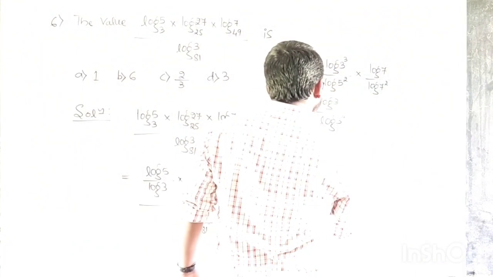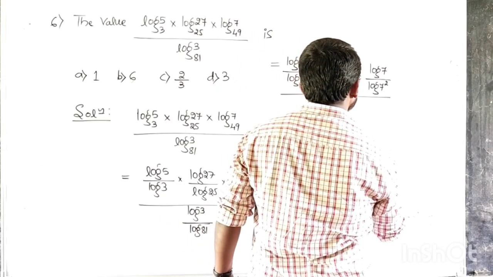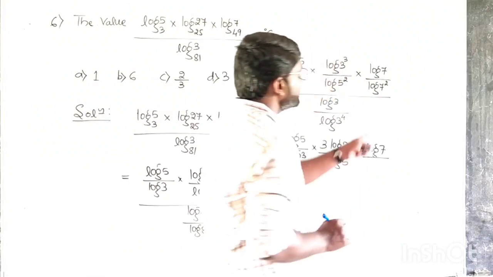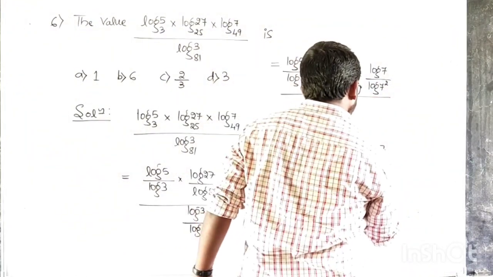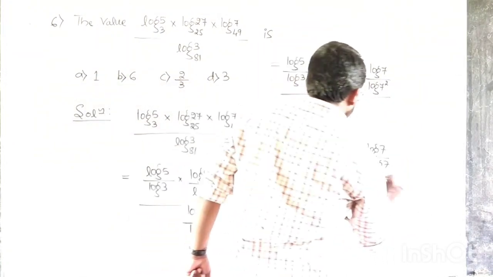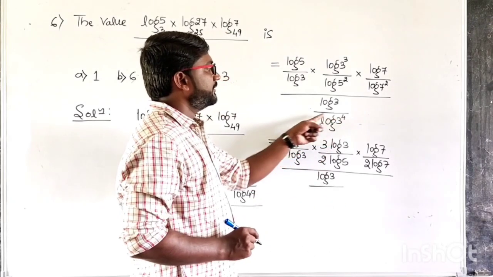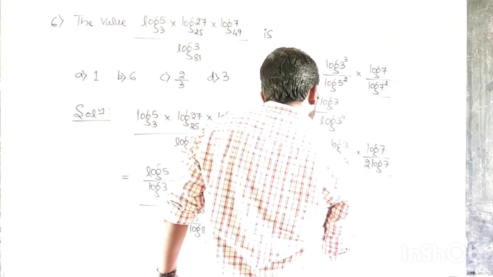So we get 3 times log 3, then divided by 2 times log 5, then into log 7 divided by, so 2 comes in the beginning now, we get 2 times log 7, then whole divided by log 3 as it is. Then here 4 comes in the beginning, so 4 times log 3.